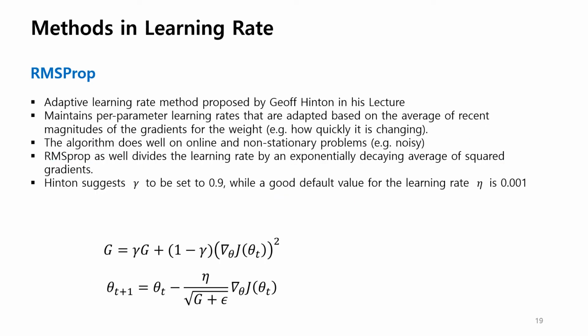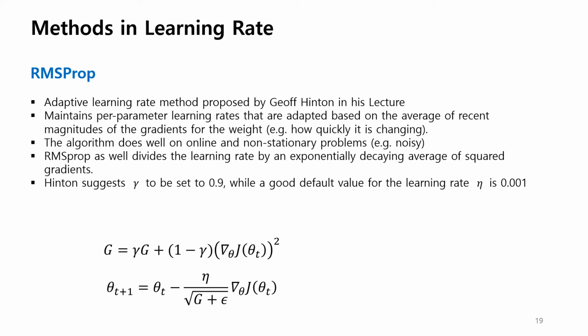The second method in learning rate is RMSProp. This was proposed by Jeffrey Hinton in his lecture. This method is very similar to AdaGrad in the previous slide.